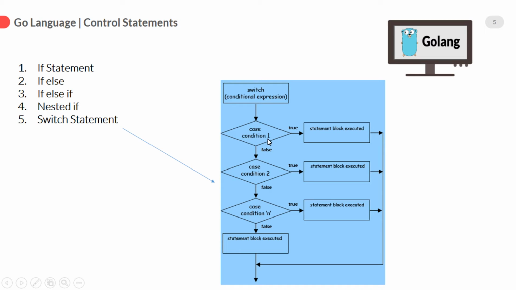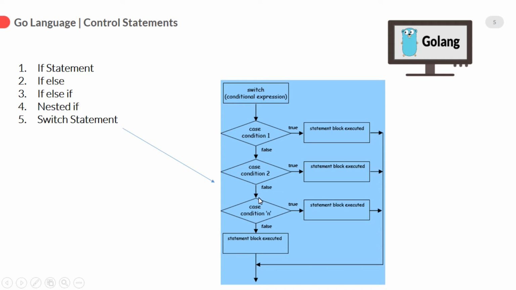If case condition 1 is false, then this one will be skipped, and we go to case 2, condition 2. If our conditional expression or value matches condition 2, then the condition is true and the statement block is executed, which is here.